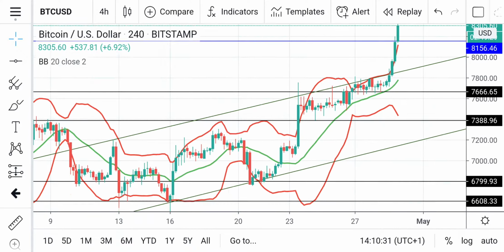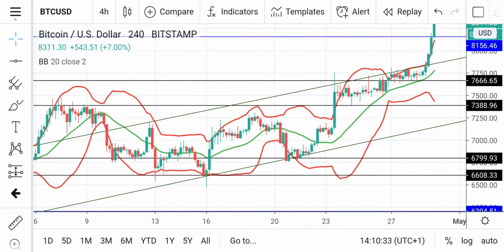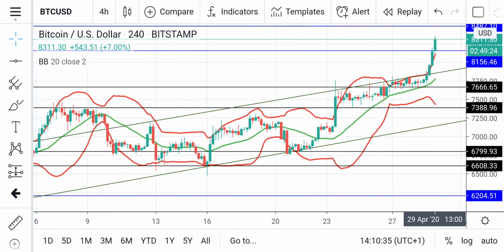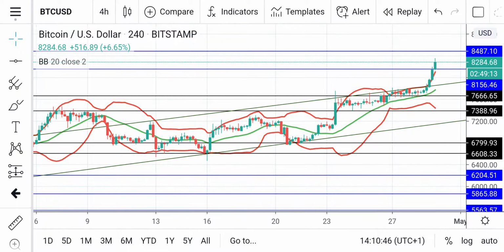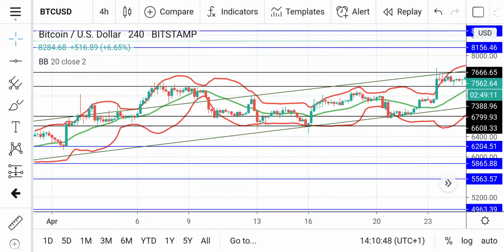So how do you now use this Bollinger Band indicator? You can use it to do many things, but I'm going to mention up to three. First, you can use it to know when the market has low volatility.